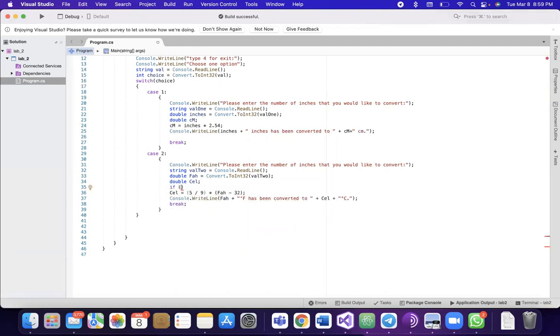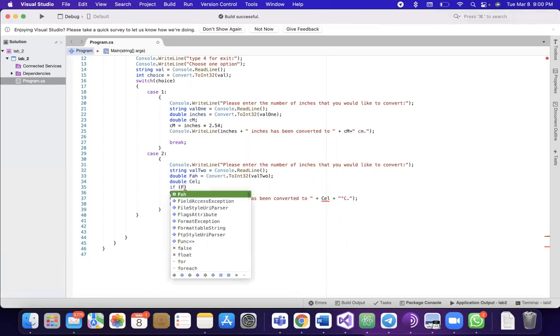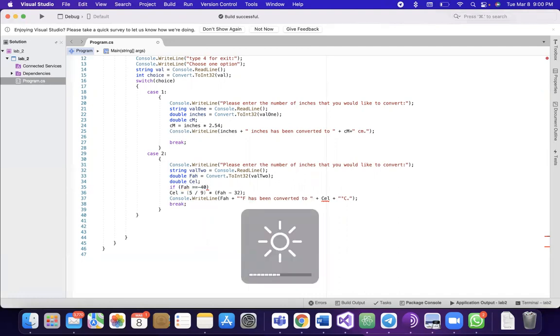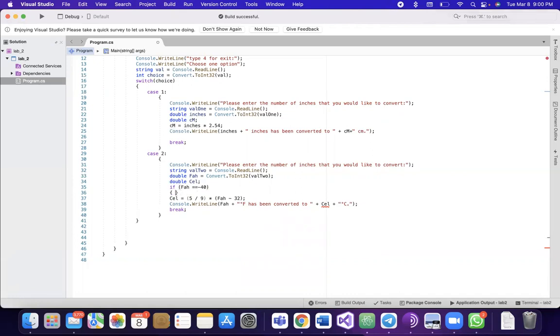Oh my God, I didn't think of it. Then we just output -40. Yeah. Okay.